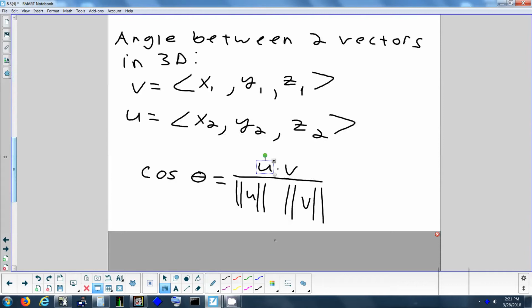In 3D, you're doing a 3-dimensional dot product, which you just did, over a magnitude calculated from a 3D vector times another magnitude calculated from a 3D vector. Before, it was a dot product from 2-dimensional vectors over magnitudes from 2-dimensional vectors. But the formula itself doesn't change.